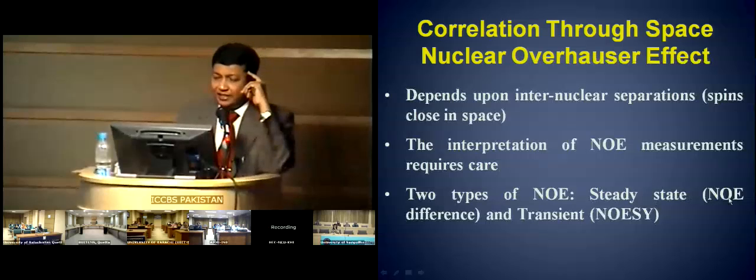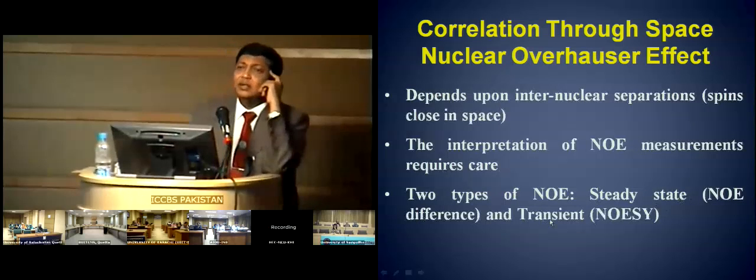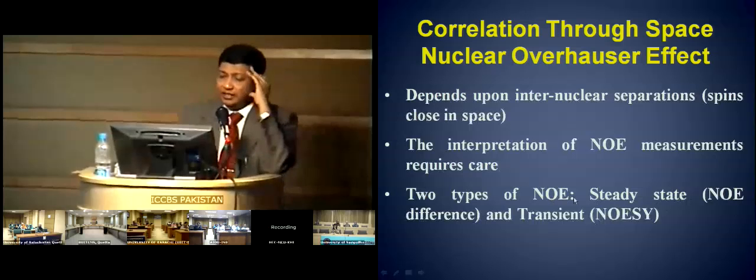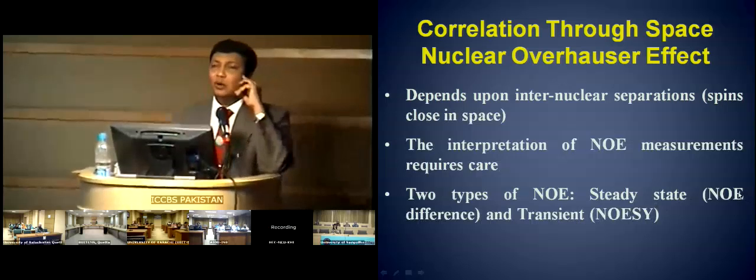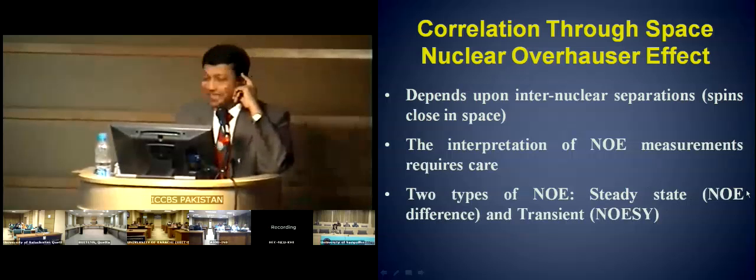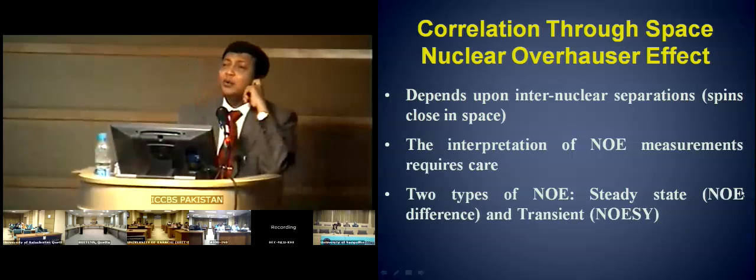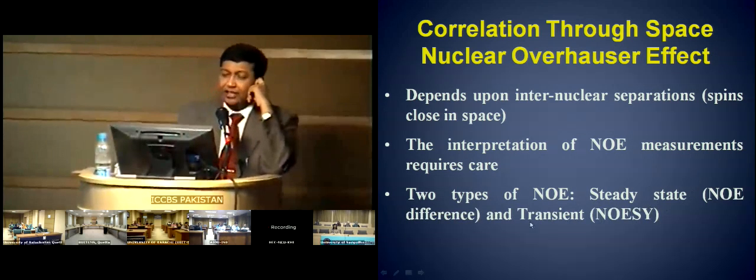One is called steady state or equilibrium NOE, and the other called transient or kinetic NOE. The steady state NOE is a one-dimensional conventional nuclear Overhauser effect difference spectroscopy, NOEDS. It is a steady state equilibrium NOE.